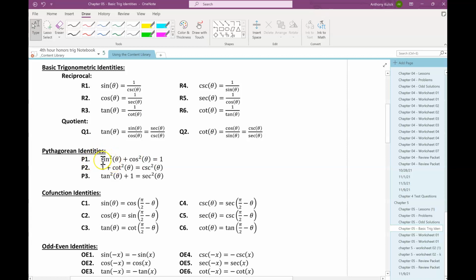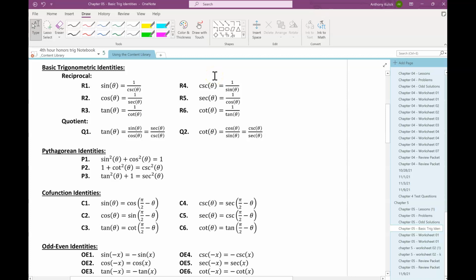Now, from that first Pythagorean identity, I can generate the other 2. If I divide both sides of this first equation by sine squared, sine squared divided by sine squared is 1. Cosine squared divided by sine squared is cotangent squared, right? And 1 divided by sine squared is cosecant squared, because 1 divided by sine is cosecant.